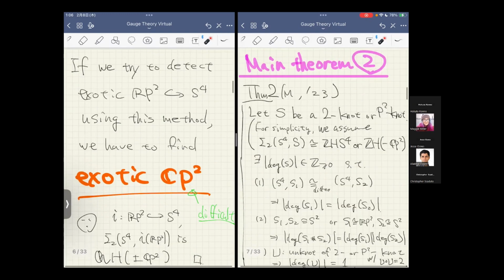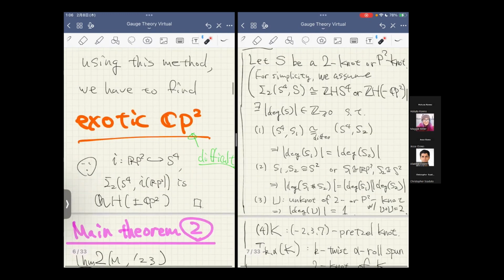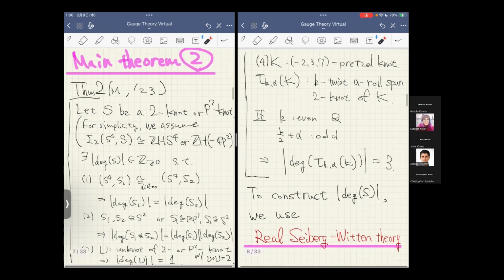So here is the second main theorem. We have an invariant with the following properties. Let S be a 2-knot or RP2-knot.